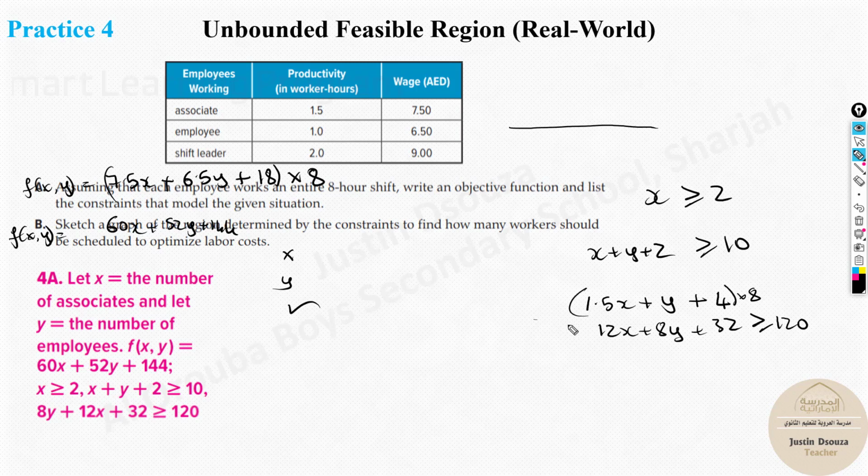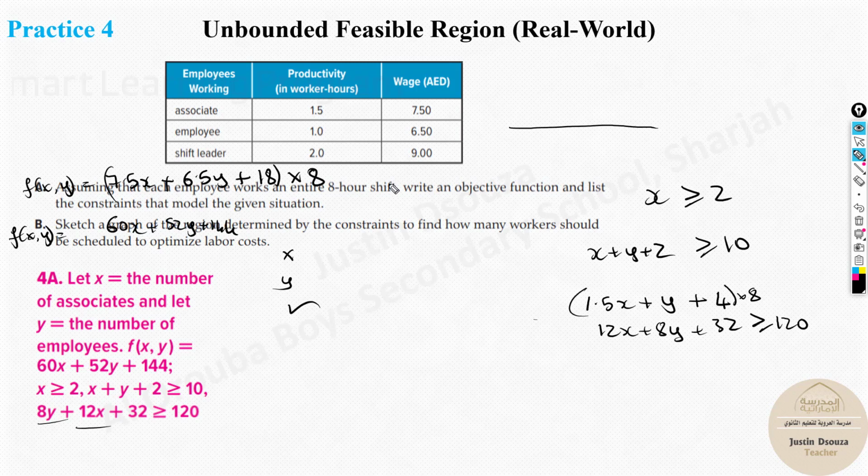And then lastly, we had over here 8 times, what is the thing? Productivity, work hours. Worker hours must be greater than or equal to 120, right? So 1.5x times 8 is 12x, plus 8y plus 32, because there were two shift leaders already.